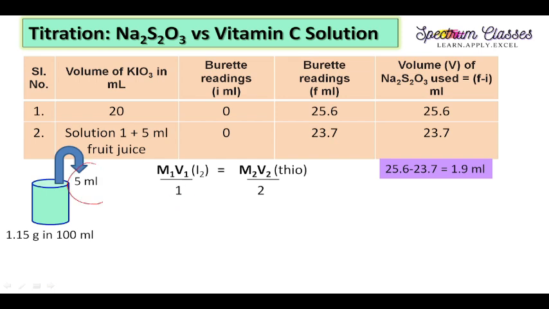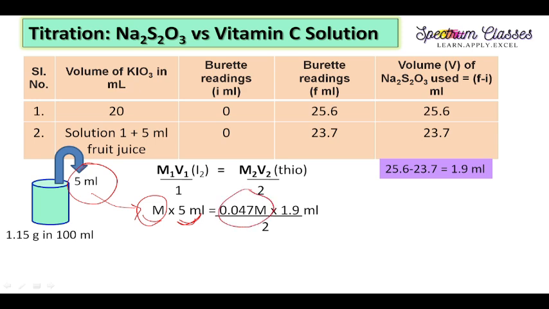How much volume of vitamin C have I taken? I have taken 5 ml of vitamin C. Its concentration is not known to me, but the concentration of sodium thiosulfate is known from the previous experiment, and the volume consumed against this vitamin C is this much. And what about the coefficients?